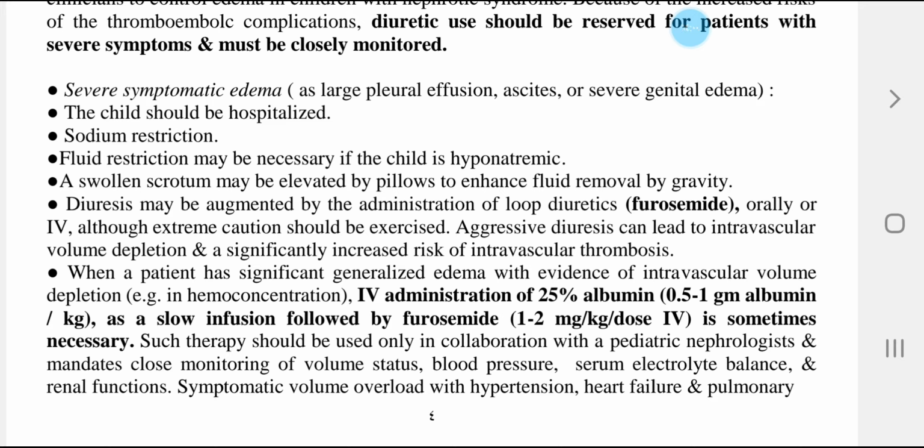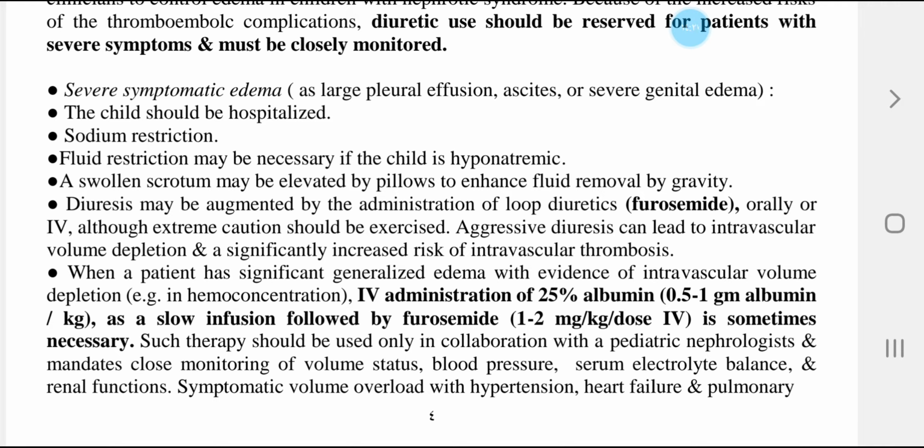When a patient has significant generalized edema with evidence of intravascular volume depletion, for example hemoconcentration, IV administration of 25% albumin, 0.5 to 1 gram albumin per kg, as a slow infusion followed by furosemide, 1 to 2 mg per kg per dose IV is sometimes necessary.